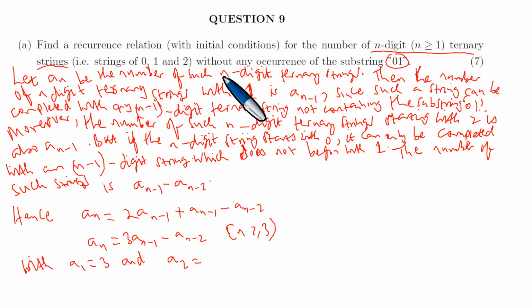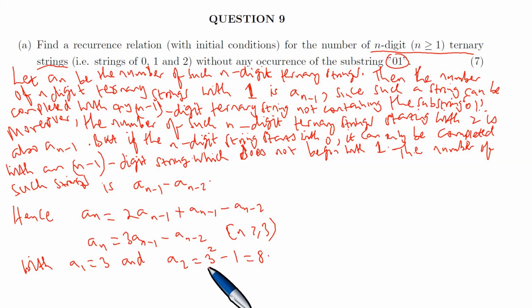If this one is the number of such n-digit strings, right, so a1 is 3, and what is a2? Okay, we analyze this together, but we argue that a2 is going to be 3 by 3 minus 1. But 3 by 3 is 3 squared, so that you get 8. And these two give the initial conditions. But let's analyze these together and make sure this is very clear.